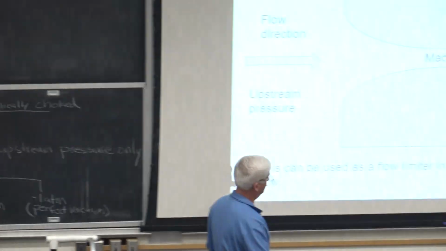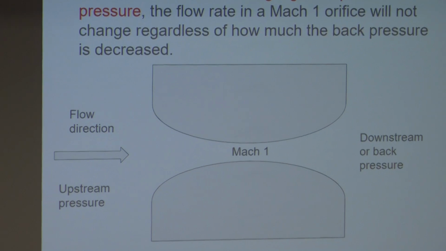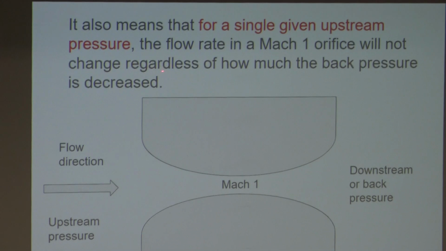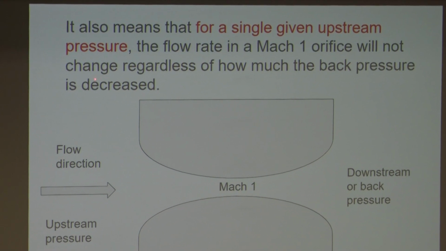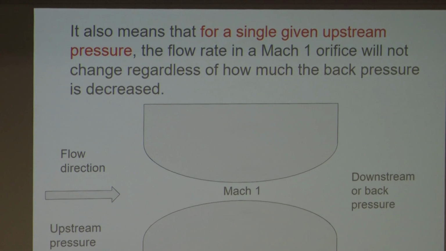Okay, so we got sonic choke flow, Mach 1, right there at the narrowest point. That means that for a single given upstream pressure, the flow rate at a Mach 1 orifice will not change regardless of how much the back pressure is decreased.